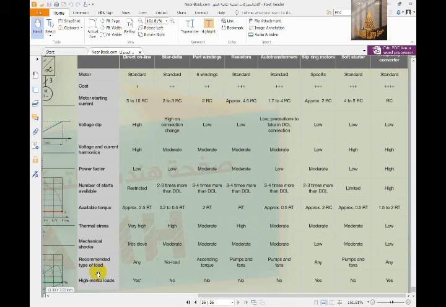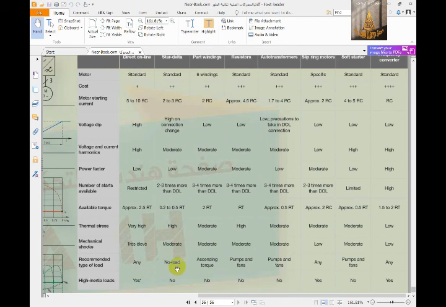Recommended type of load. For direct online it's any load, maybe a mechanical load or a tram or something different.